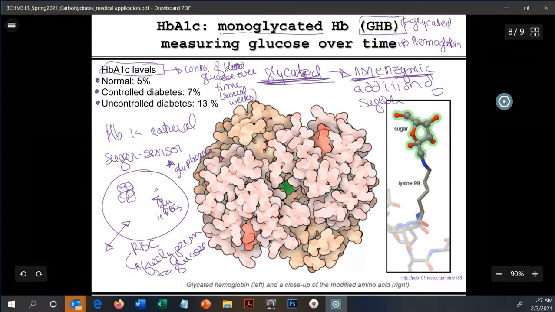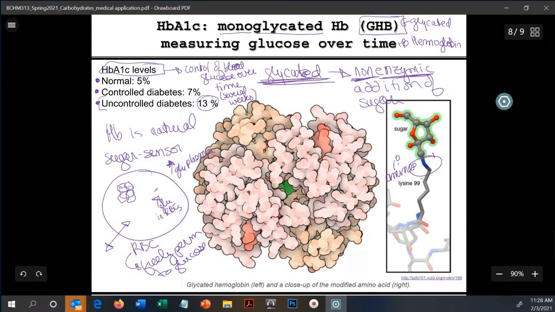People with uncontrolled or poorly controlled diabetes have HbA1c at 13%. So 13% of their hemoglobin population will be monoglycated, with one glucose attached to the protein. Of course, that 13% number can go up. So where is the glucose attaching? At primary amines.